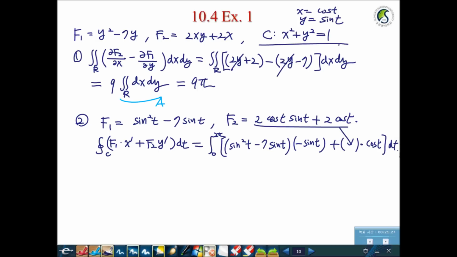I'm not gonna do it, it's in the textbook, so you try it on your own. So we have the same calculation result, and from this example we just verified Green's theorem is okay. That works.